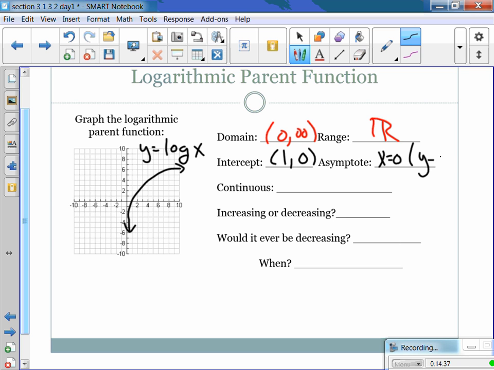My domains and ranges, my x's and y's are changing. Is it continuous? Of course. Increasing, decreasing? Definitely, as my x goes from left to right, y values are getting larger. Does it ever decrease?